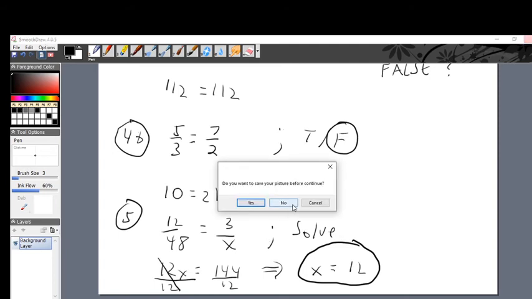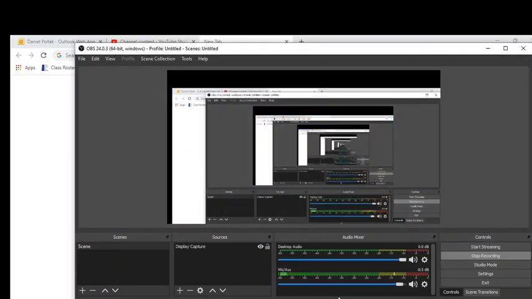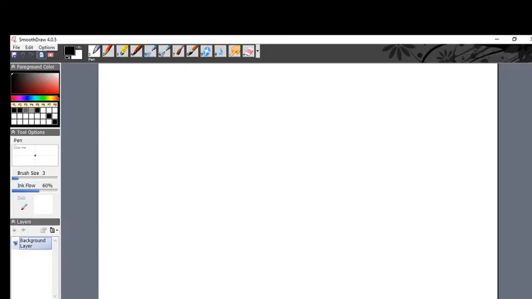Okay, time for a new, clean piece of paper. We continue with another proportion. This is problem number 6. It says x minus 5 over 10 is equal to x plus 2 over 20.